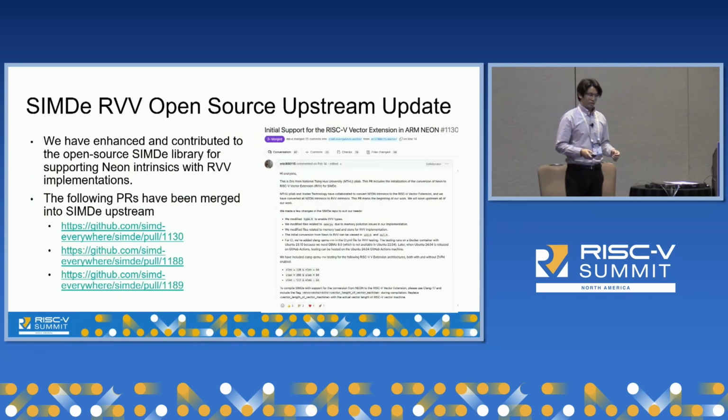We have already enhanced this and contributed our RVV implementations upstream to the SIMD Everywhere repository. If you are interested, you can try it and probably improve it with better performance.